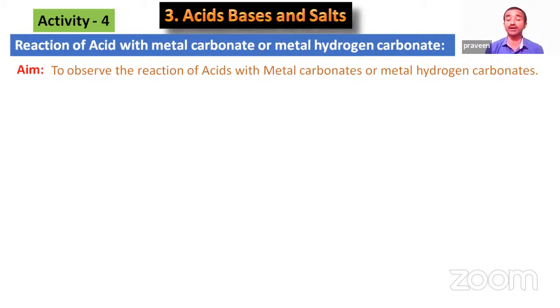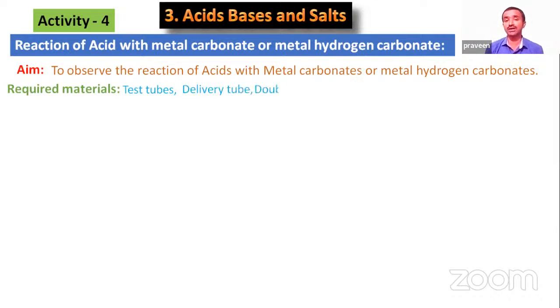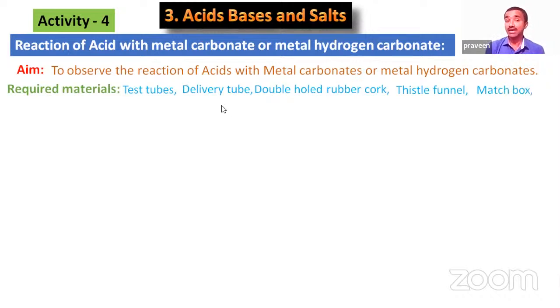So what are the required materials to complete this activity? Test tube, delivery tube, double holed rubber cork, thistle funnel, matchbox. As the acid, I am taking dilute HCl.